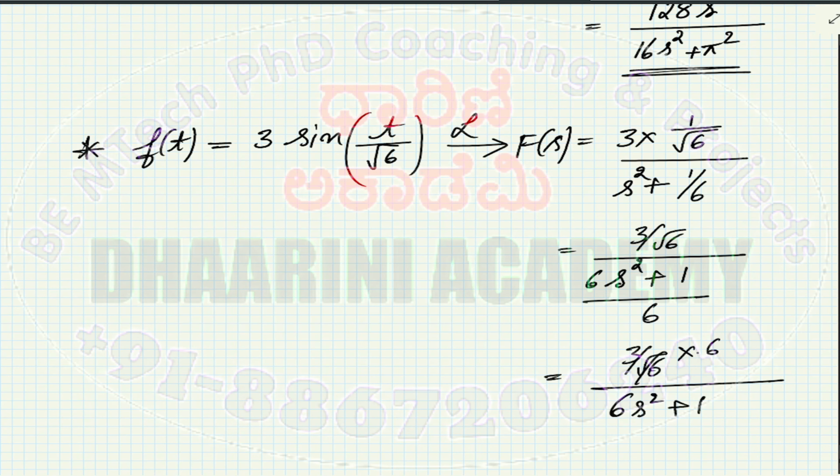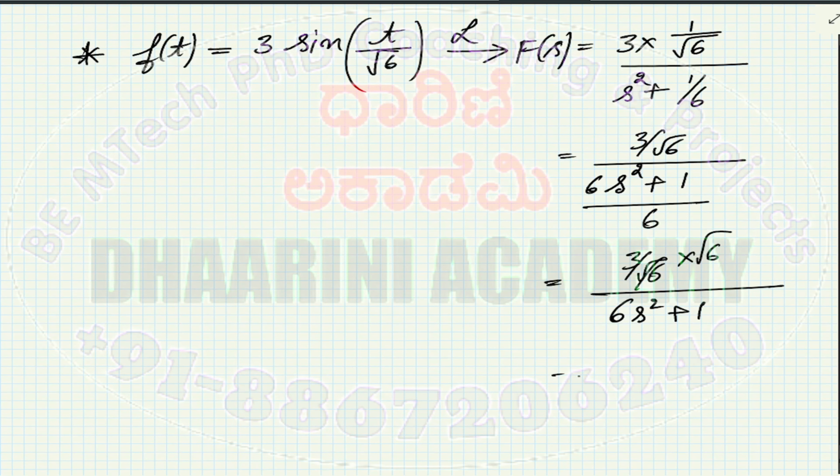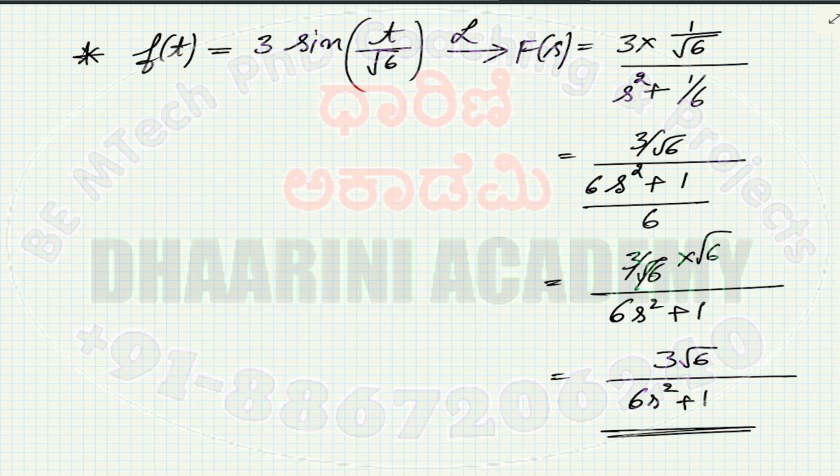So root 6 cancels this as a root 6 now. So 3 root 6 needs to be calculated. Anyway, we can keep that as it is, no problem. So this is equal to 3 root 6 divided by 6s square plus 1, the required answer.